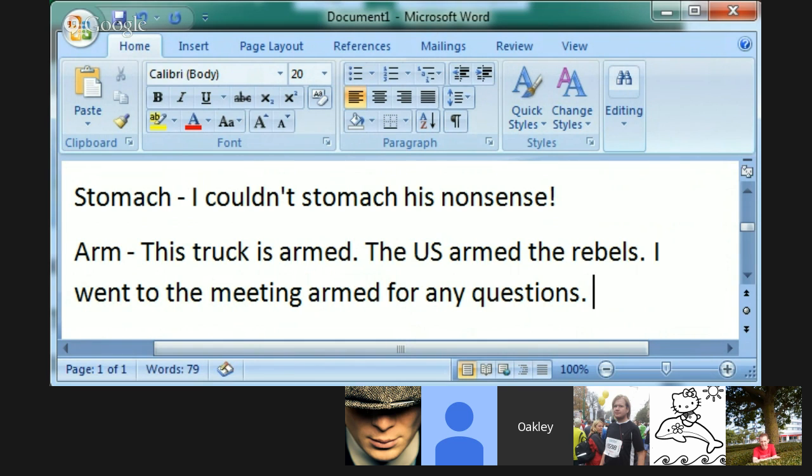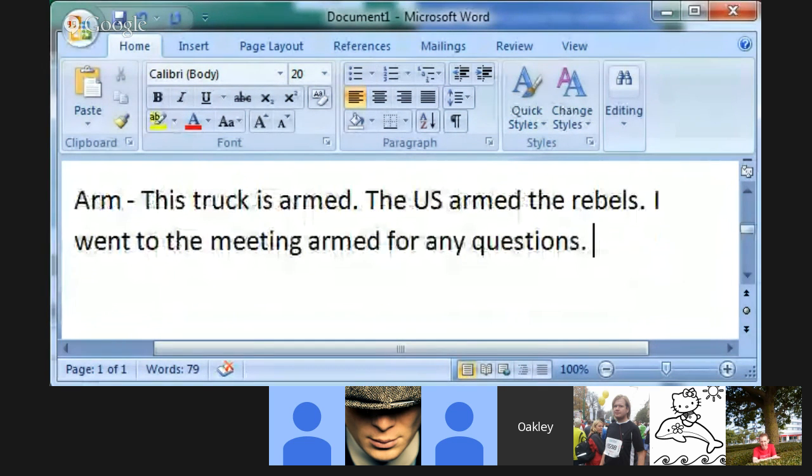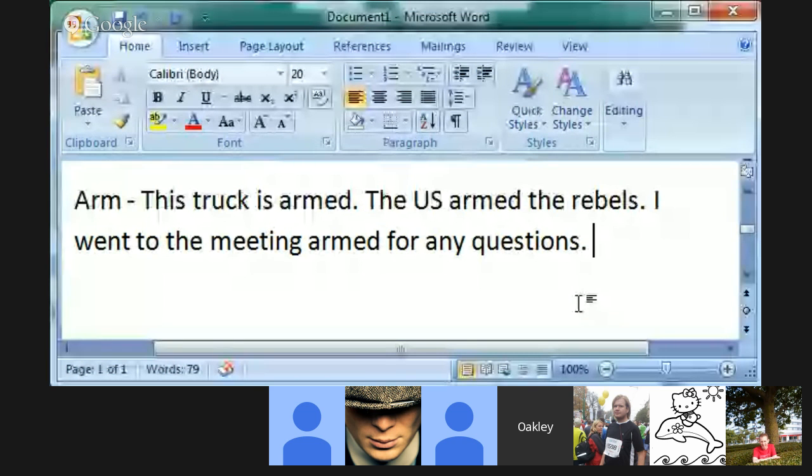You've done your homework and you're ready to answer any arguments or questions. You can be armed with information. You can be armed with the data that you need to prove your theory, for example. So it doesn't have to be just weapons. Okay. Thanks, Matus.